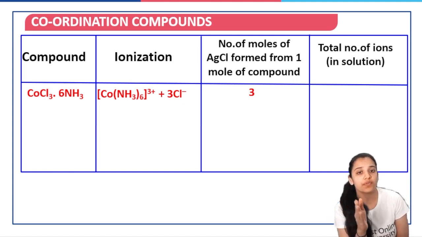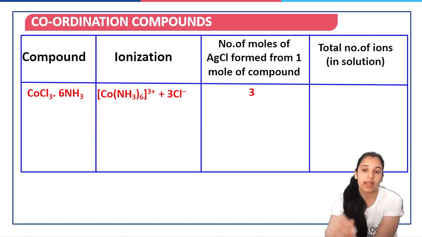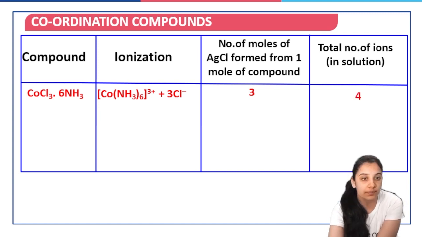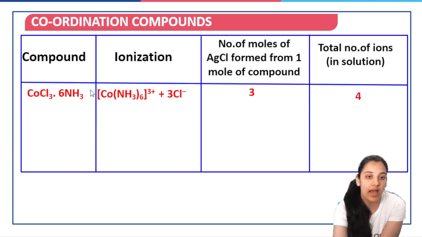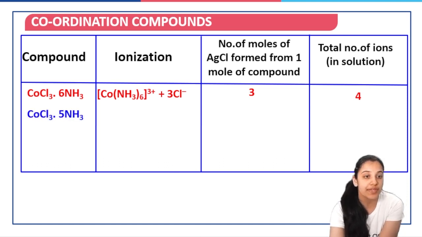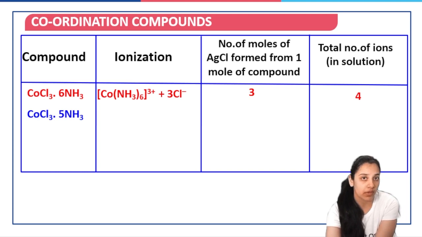So the number of moles of AgCl which are formed from 1 mole of the compound is equal to 3. So that means the total number of ions that we have in solution is 4, right? 3 of these and 1 of this.